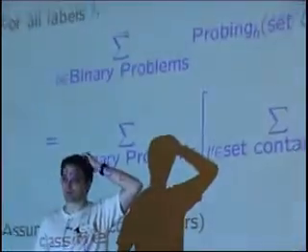But there's a trick. Let's go back to the sum. The trick is that this sum can be thought of as an integration over some set. That means you can directly approximate the integral.